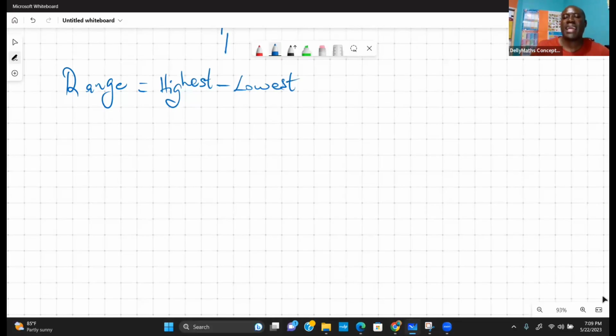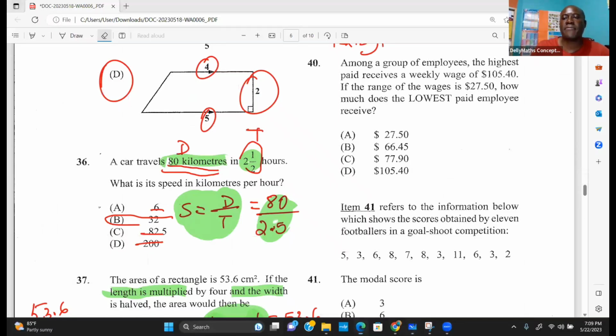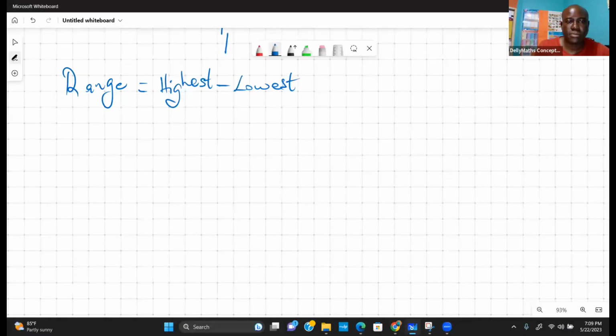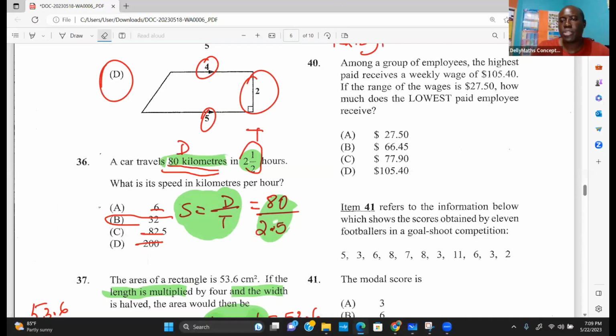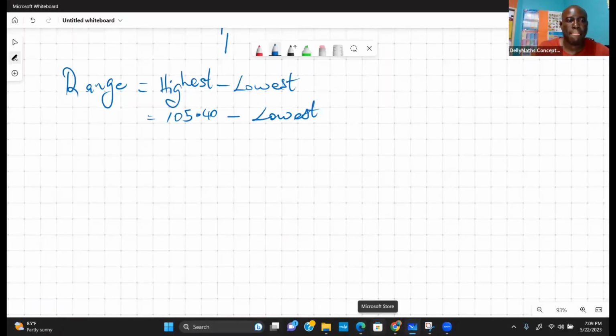That's the range. So then the highest is 105.40. The lowest, you don't know. But you do know the range, 2750. It's simple math.